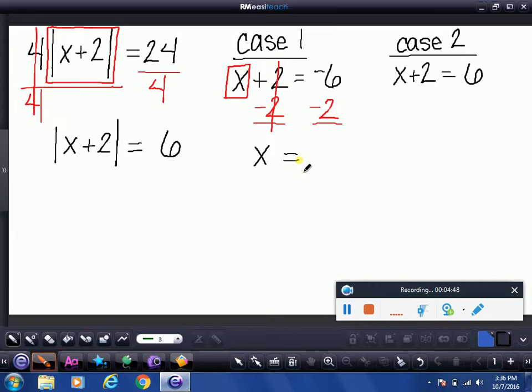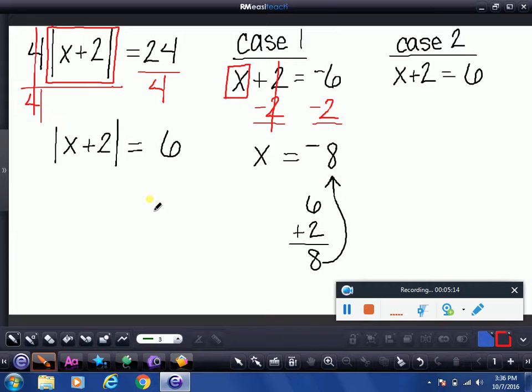Because both of those are negative numbers, we're going to keep the negative sign and we're going to add the 2 numbers together. 6 plus 2 equals 8. The 8 comes up behind the negative sign. So we have x equals negative 8 as our answer for case 1.